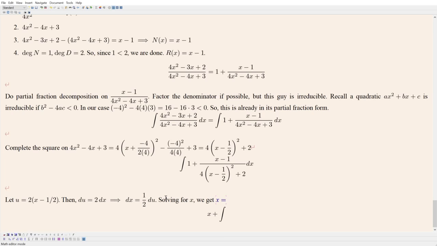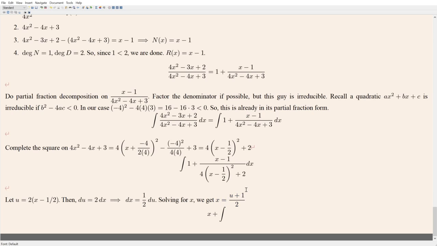So x is equal to u over 2 plus 1/2. So that is that.